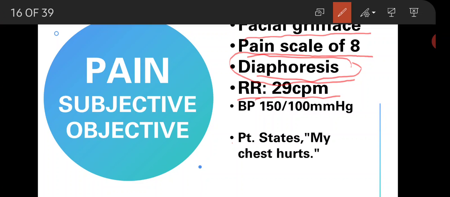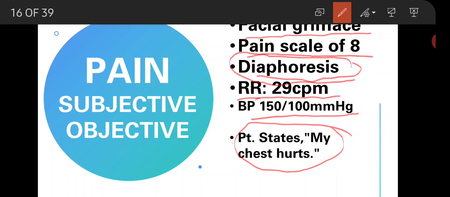And because of the pain, the BP might be increased. In this case, the patient has a blood pressure of 150 over 100 millimeters of mercury. And also, the patient tells you, my chest hurts, and holds the right chest.